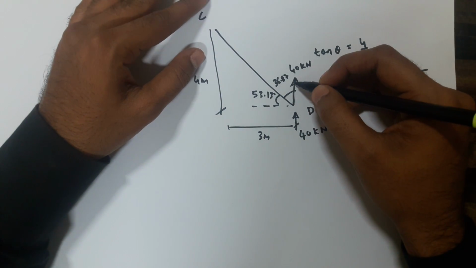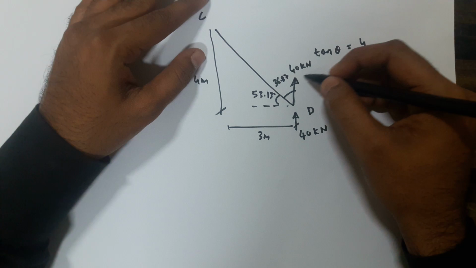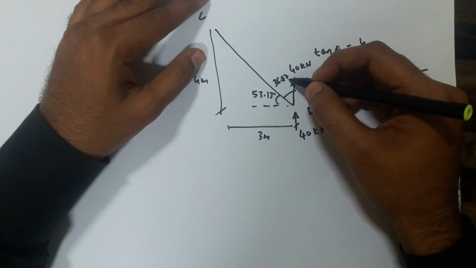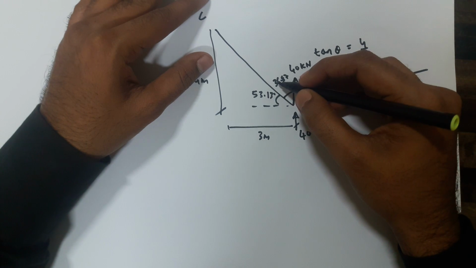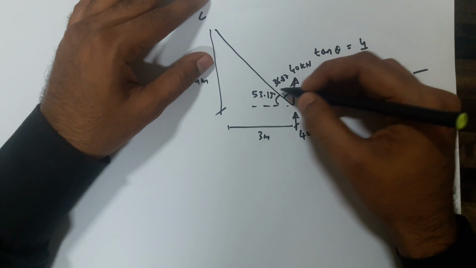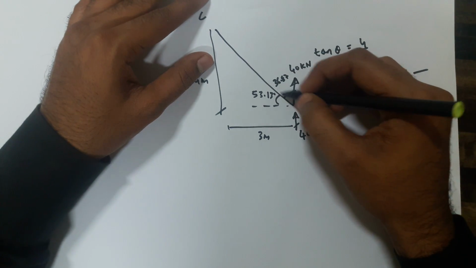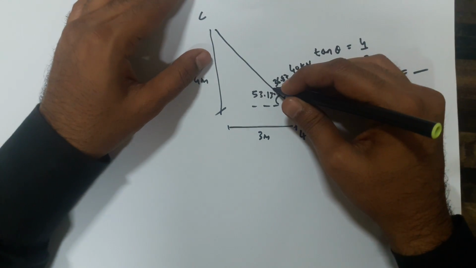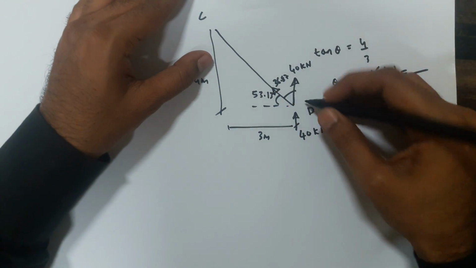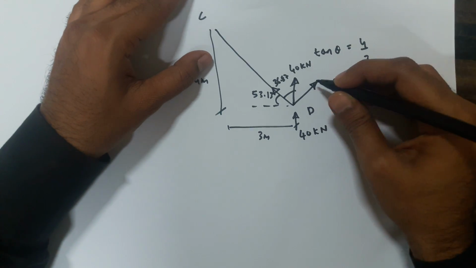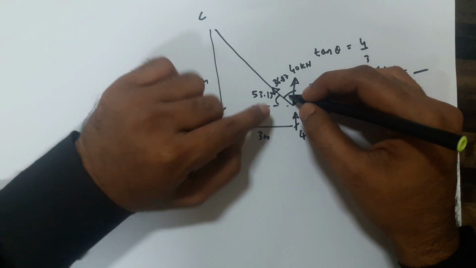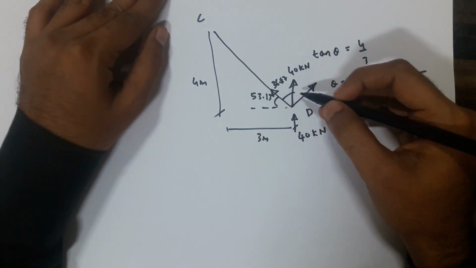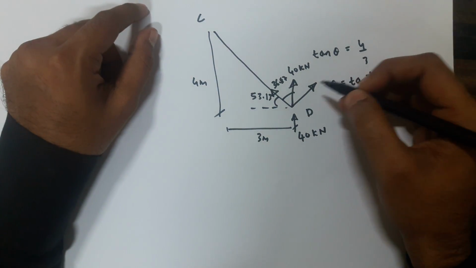This 40 kilonewton is inclined 36.86 with respect to the member. So the resolution of this force along the member will be the cos component and perpendicular to the member will be the sine component, since the angle is with respect to the member.